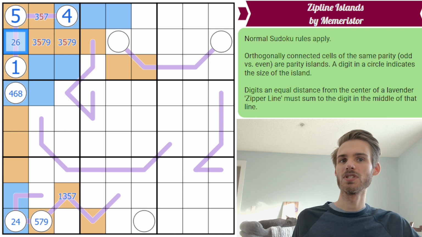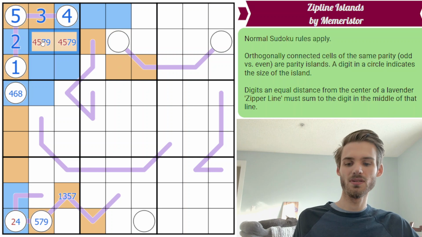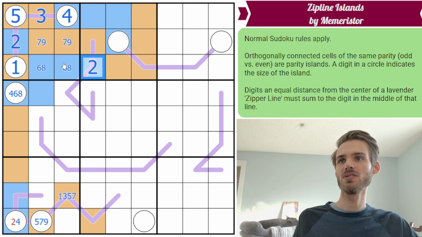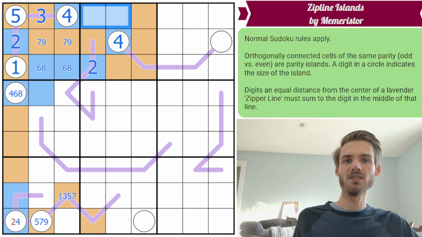Okay. So then we get a 2, we get a 3, we get a 7, 9 pair, we get a 6, 8 pair. Of course, we just said that these have to be even if that's a 5, so then this has to be a 2, because of course this is a 4. This is another 6, 8 pair.